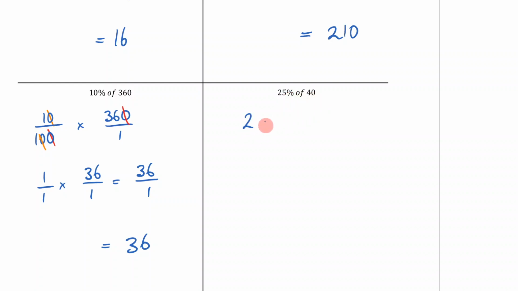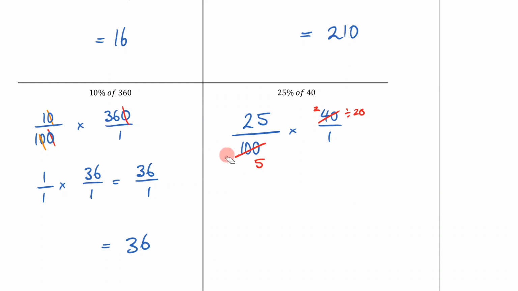25% of 40 is going to be 25 on 100 times 40 on 1. This time, I'm actually not going to cross out zeros. Instead, I'm going to divide this by 20 and divide this by 20. The reason why is because I don't have any zeros up here. By doing this, 40 divided by 20 is 2, and 100 divided by 20 is 5.